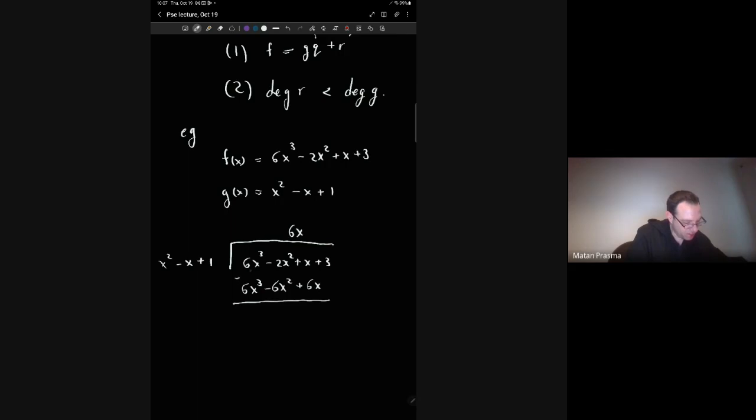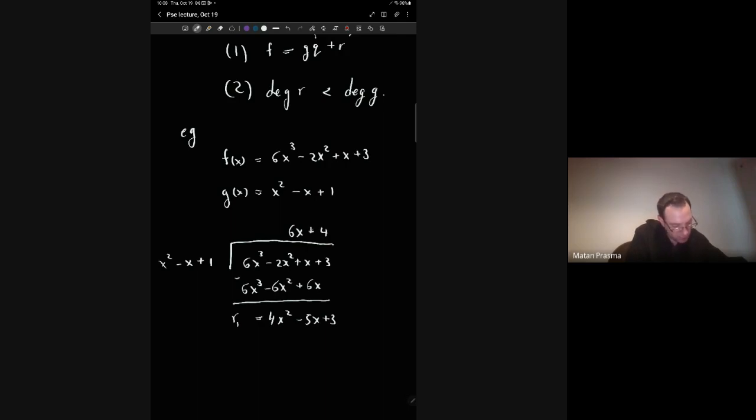And after I subtract, I cancel out the top monomial. So I get 4x squared minus 5x plus 3. And now I take this remainder. This you can call maybe R1. And I do the same thing. Now what monomial do I need to multiply g such that when I subtract the result from R1, I get rid of the top monomial of R1? Well, this is 4.